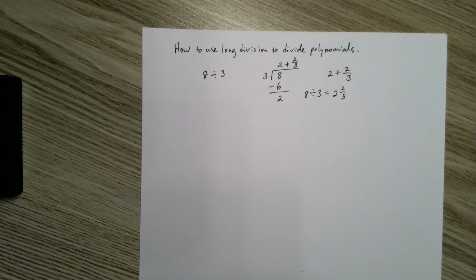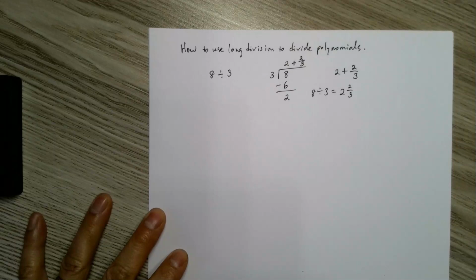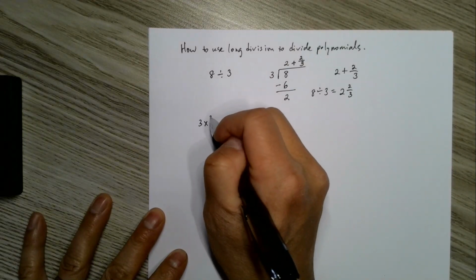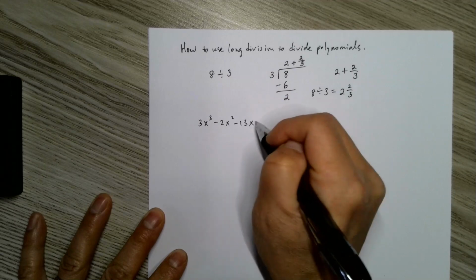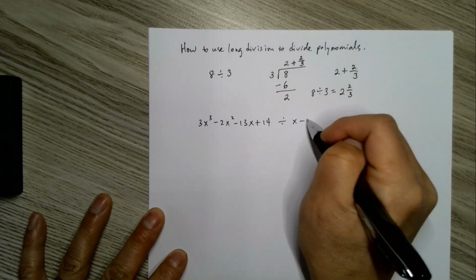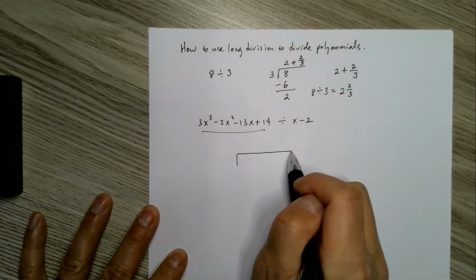fraction of 2 integers. So now we're going to do long division with polynomials. So I'm going to do 3x cubed minus 2x squared minus 13x plus 14 divided by x minus 2. So this goes inside that structure.